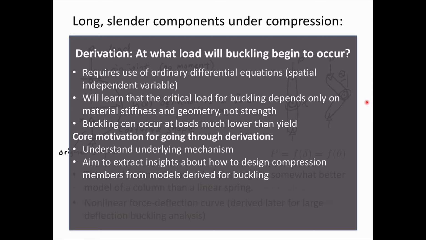In addition, I hope that we can extract some insights about how to design compression members from these models that we are deriving. So really understanding the relationships between the different factors involved is going to give us some design insights. Also, a really general or important topic here is learning how to question models.